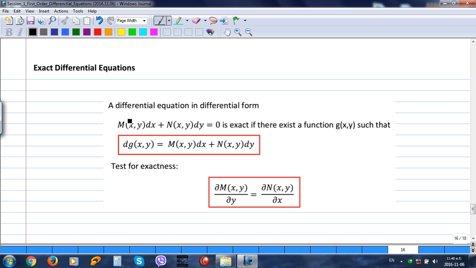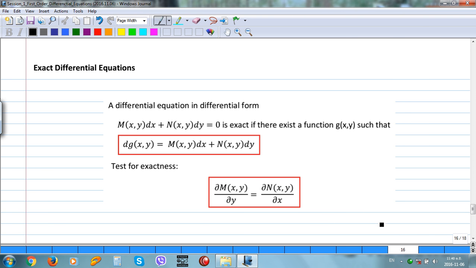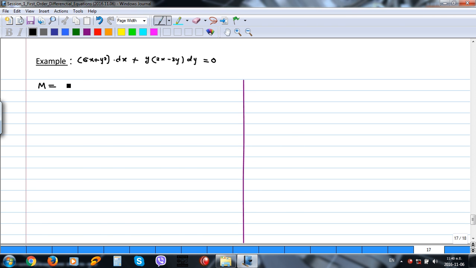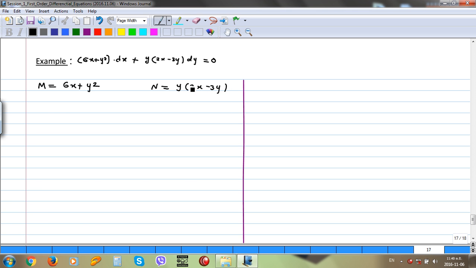So M = 6x + y², and N is this part, y(2x − 3y). We can remove the brackets, so N = 2xy − 3y².